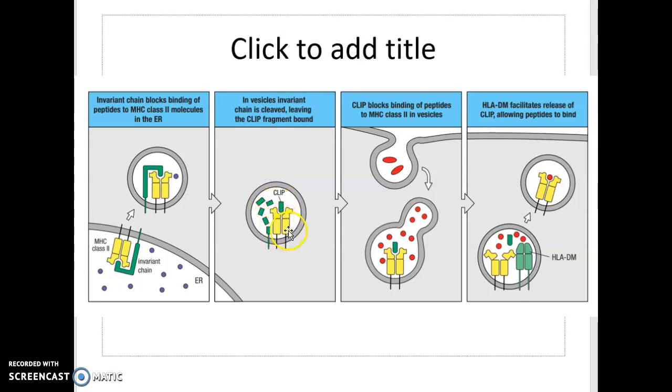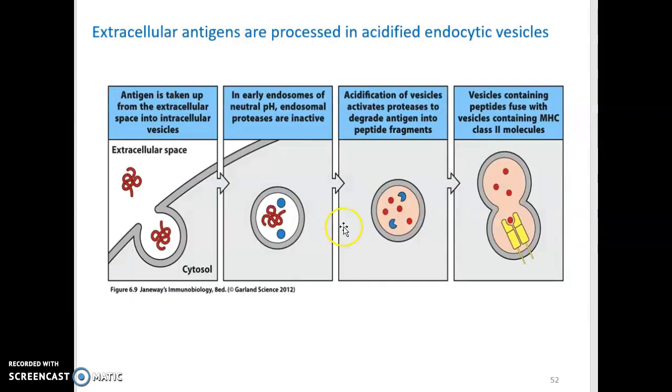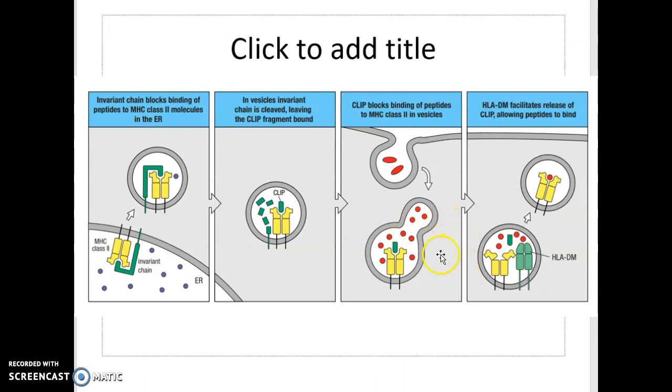Then this MHC class 2 compartment basically fuses with the phagolysosome, or the endosome that fused with the lysosome, which contains our peptides now. Those two are going to fuse together, which would be represented by this, but it's not a very good diagram because it's missing some steps out.